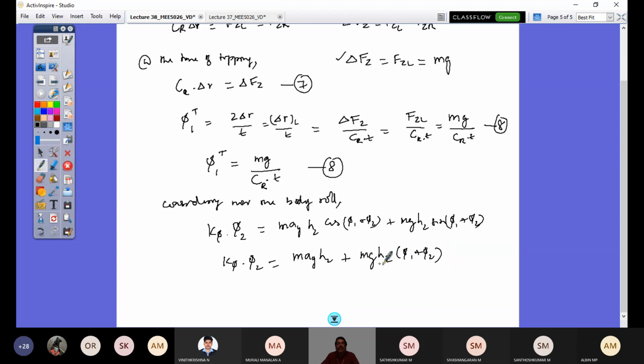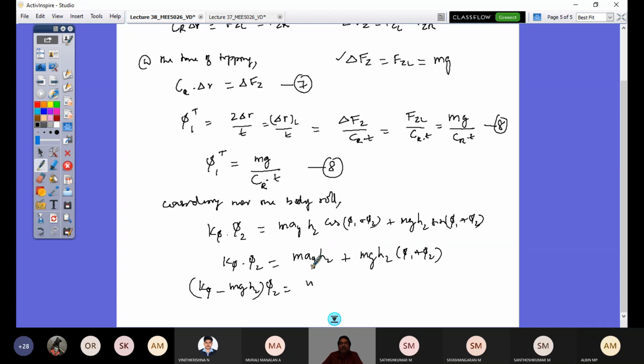There's phi2 here and phi2 here, so I have to group them to get the threshold value of phi2. So I will take this term phi2 on this side, so that's going to be K phi minus mg h2 into phi2, and here I have m ay.